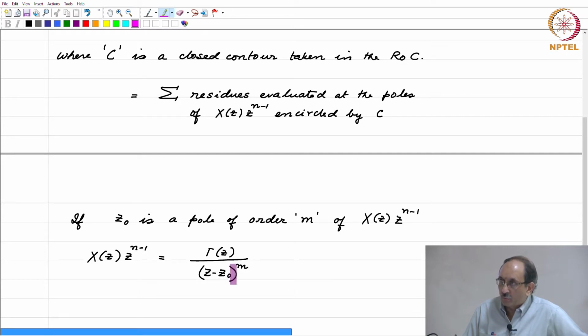The reason we want to do this is we need to evaluate the residues at every pole, and an mth order pole at z equal to z naught is the general case.